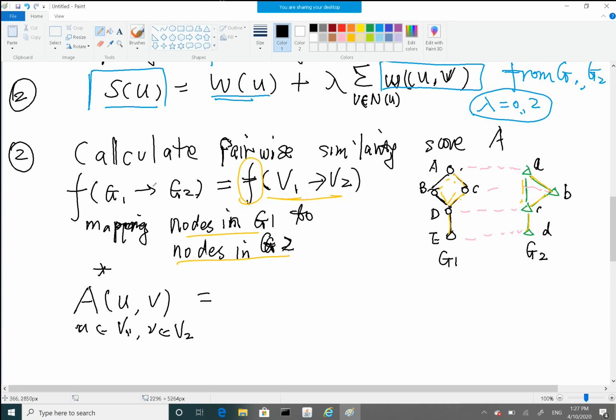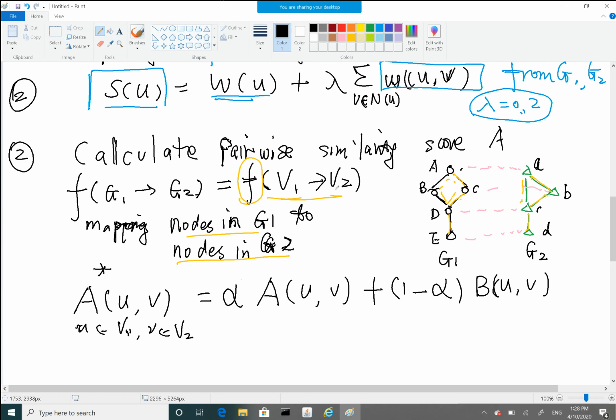This calculation considers two parts. I want to make sure this is the same as the paper mentioned. So they use A(u,v) plus (1 minus alpha) B(u,v).